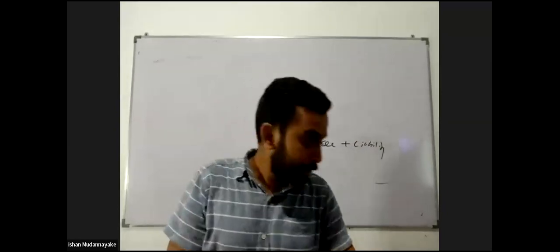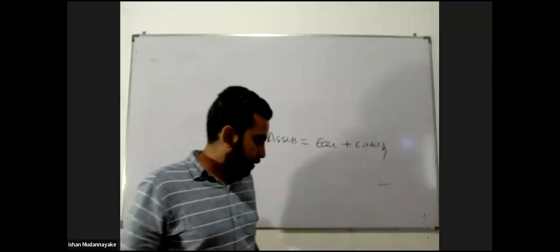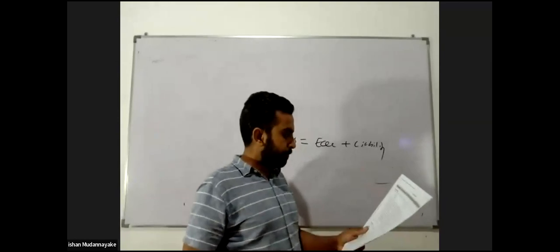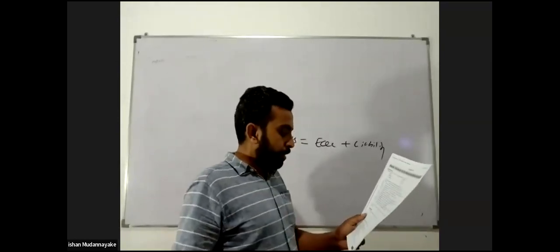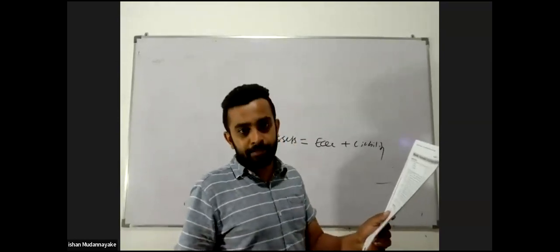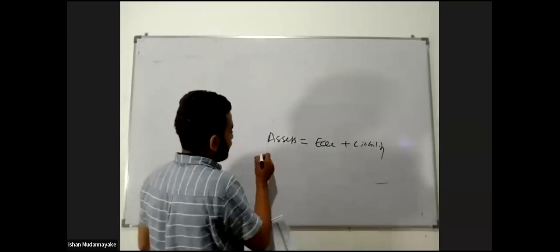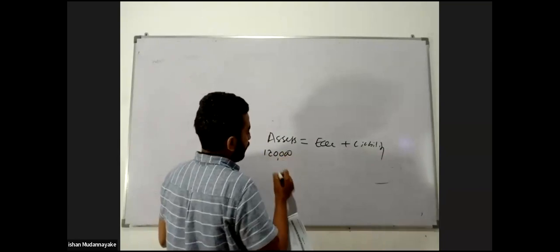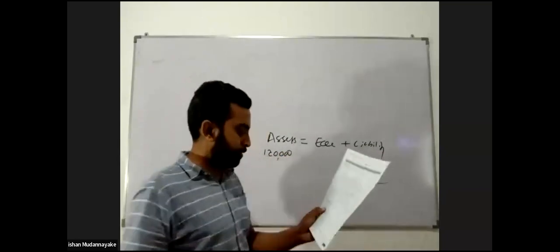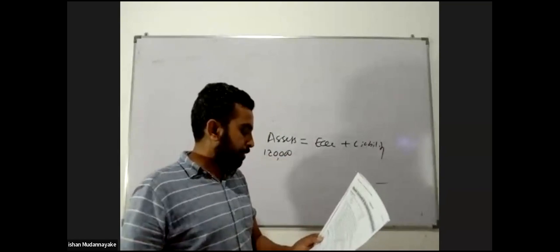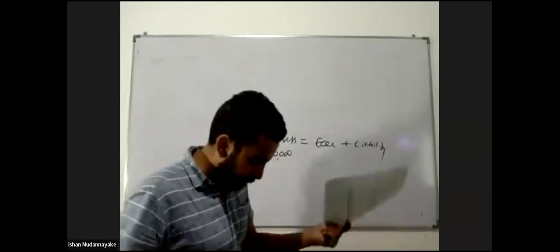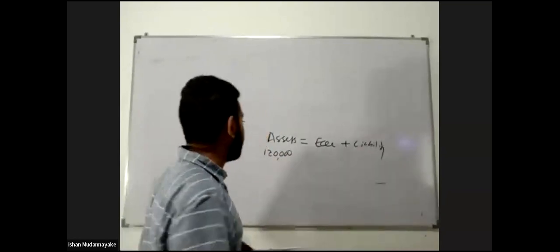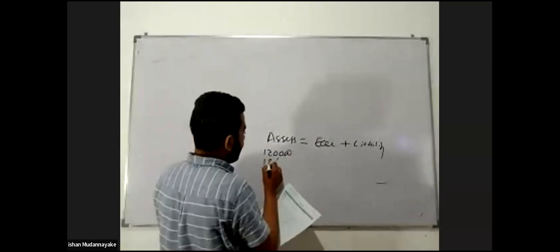Okay, then in this question, cash balance is an opening asset. Debtors also opening asset, debtors 180,000.